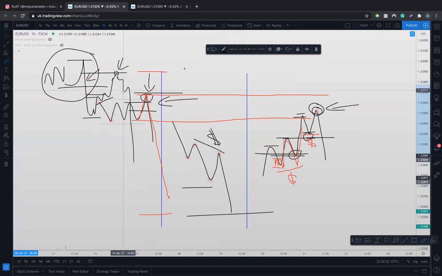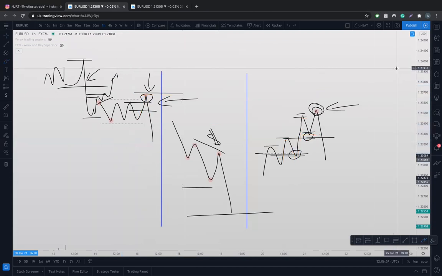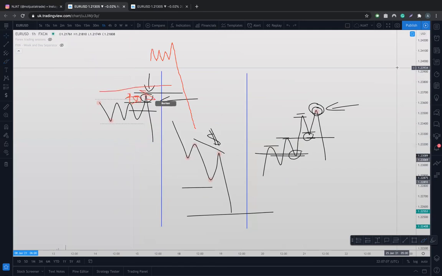So you've got to remember as well that in the initiation phase, let me just clear this, this part here can look any sort of way. The most important thing is that we've had a range, we've initiated lower prices that's caused a break of structure, meaning that this is a strong high, essentially a lower high.